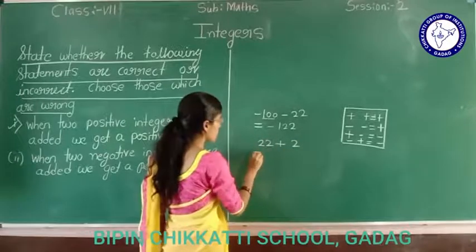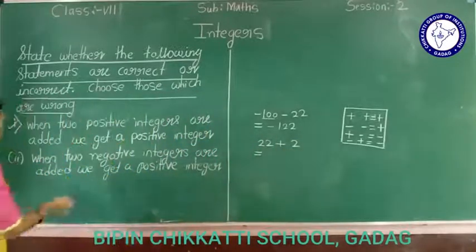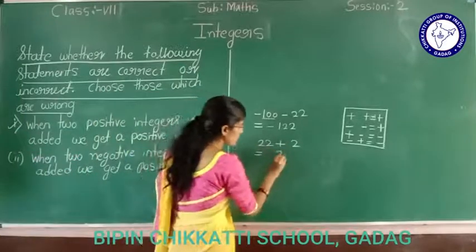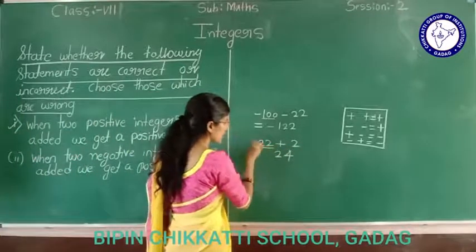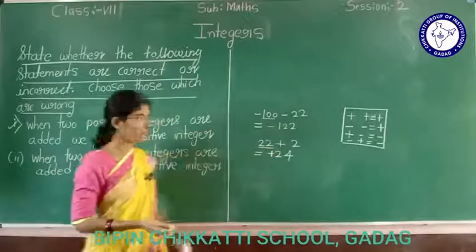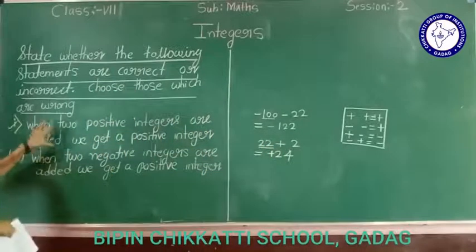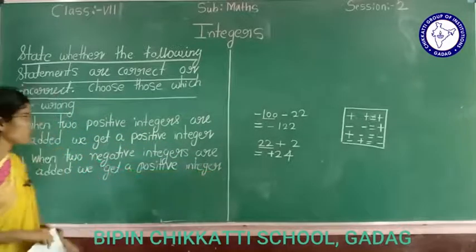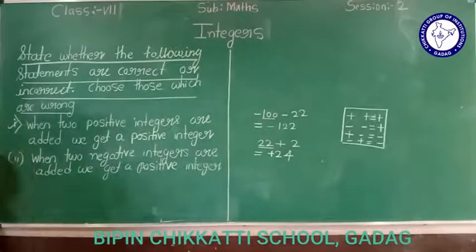When you add two positive integers, we definitely get a positive integer. 22 plus 2 is 24. I told you this is correct in the last class.